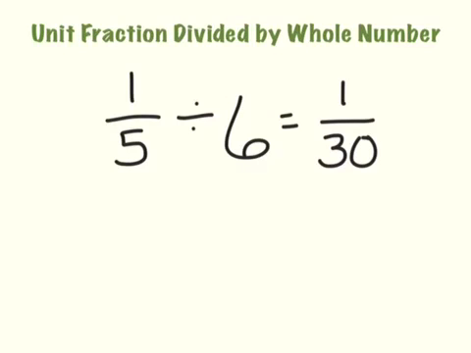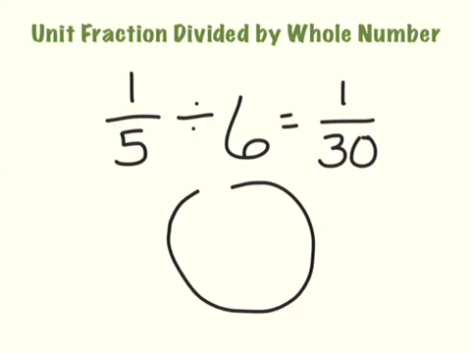Hopefully that smaller fraction makes sense to you. If you had 1/5 of a bag of candy and you split it with 6 people, yes, you're going to have an even smaller fraction of the entire bag of candy. Let's look at it this way. If this circle represents the entire bag of candy, and I only have 1/5 of the candy, I would need to show that by drawing this.